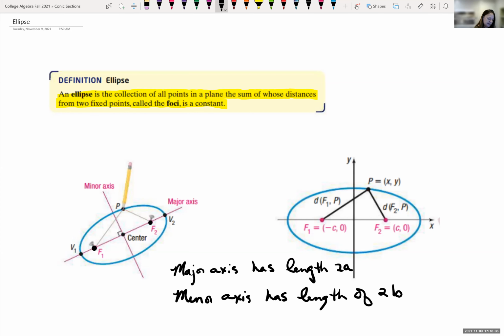And you can kind of see that diagram right in here. Okay. So the sum of these 2 distances, wherever we may lie, is always going to be this constant c. It's always the same length.